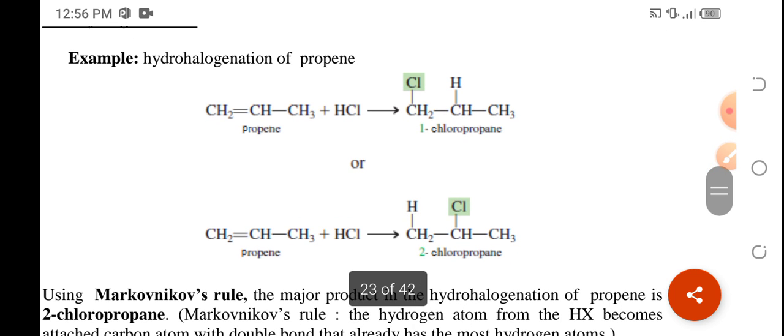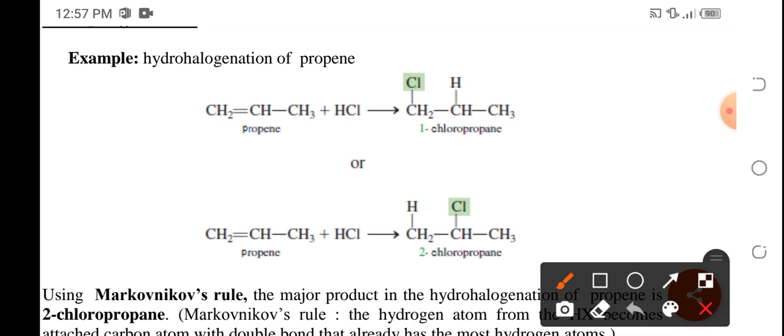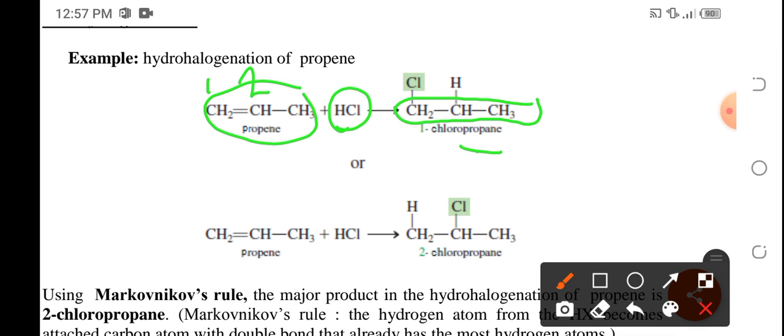As you can see, propene has 3 carbon atoms. The double bond is between carbon 1 and 2. It will react with hydrochloric acid or hydrogen chloride. After the addition reaction, the double bond from the propene will become a single bond, so that would become propane. Now this H and Cl will be added to that previously broken double bond.